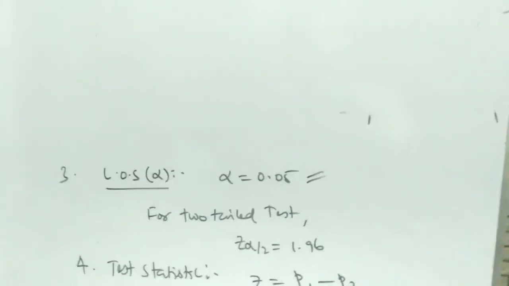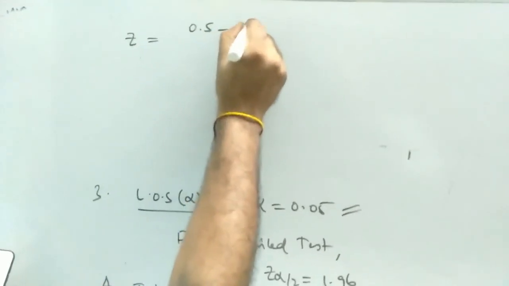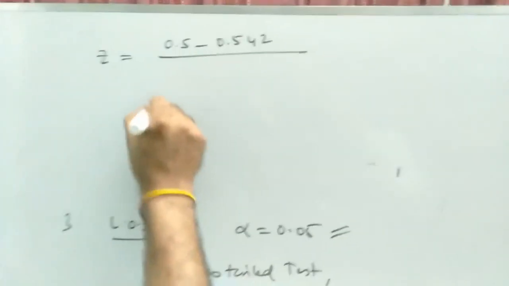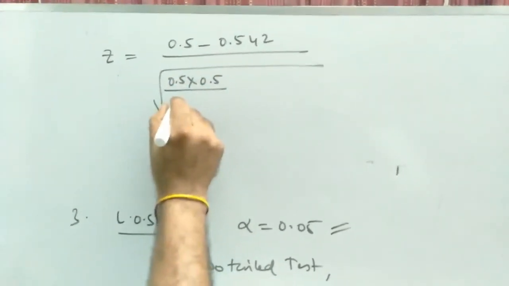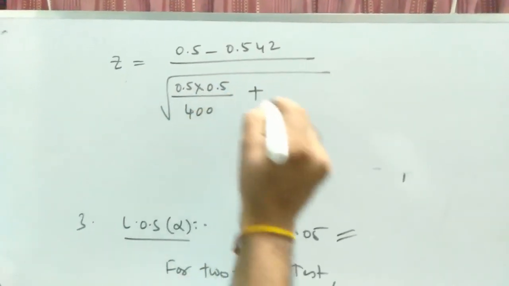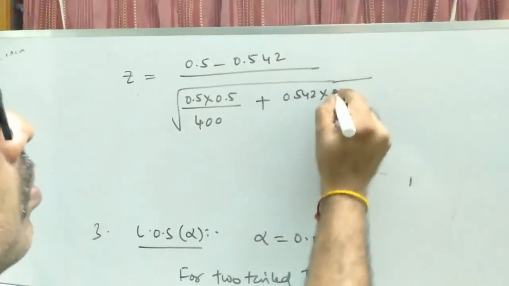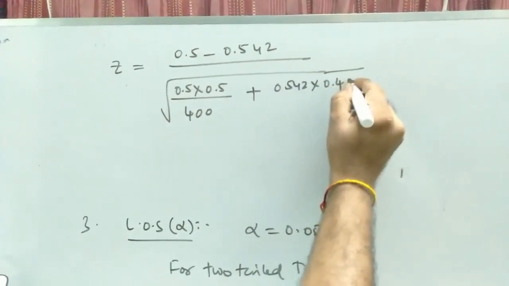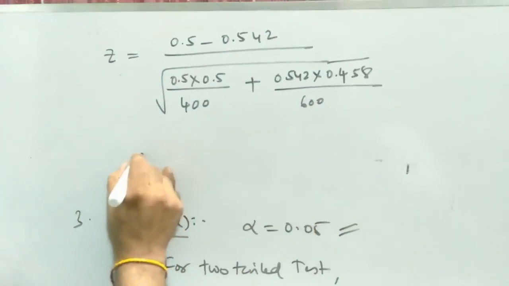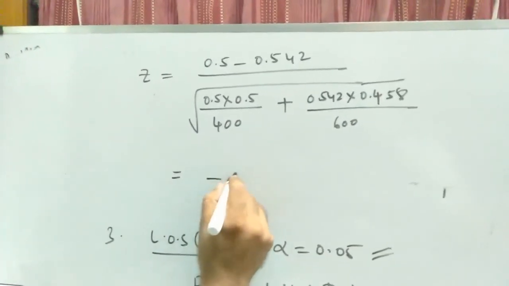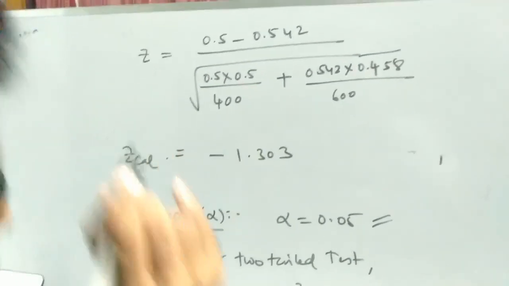P1 is 0.5, minus 0.542, by square root of 0.5 into 0.5 by N1 400 plus 0.542 into 0.458 by the total women 600. That is equal to minus 1.303. This is the Z calculated value.